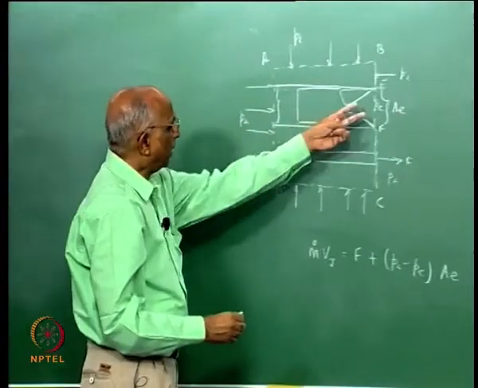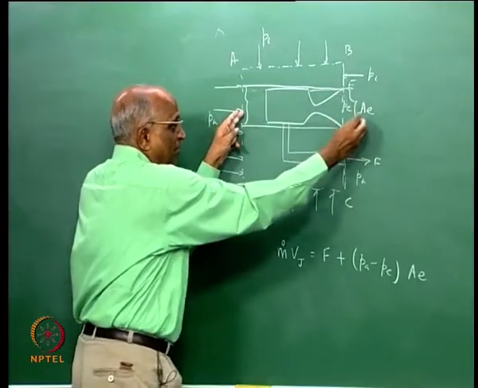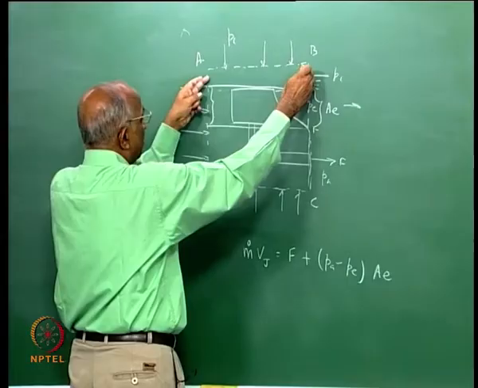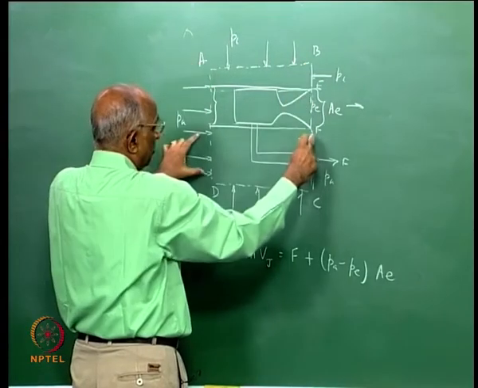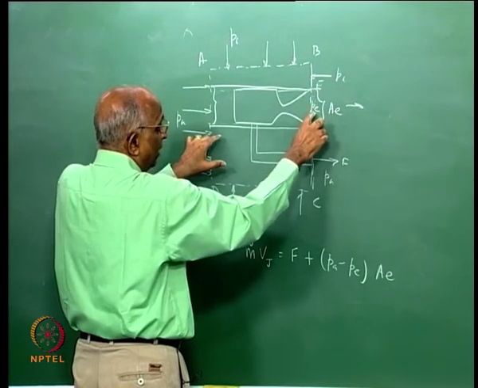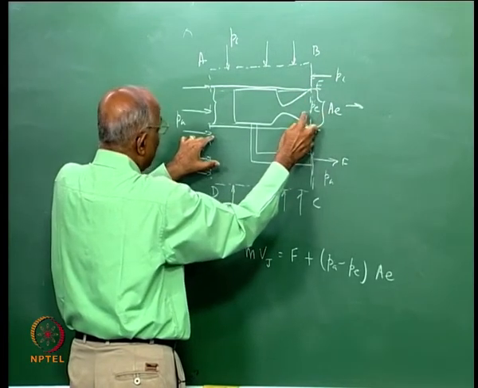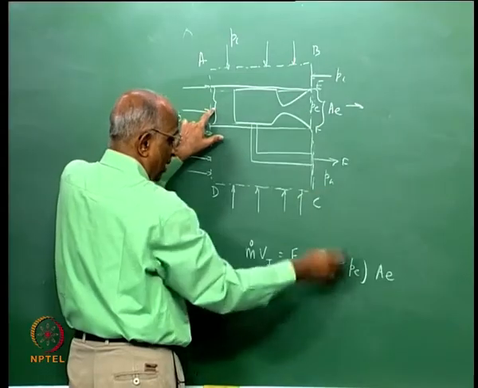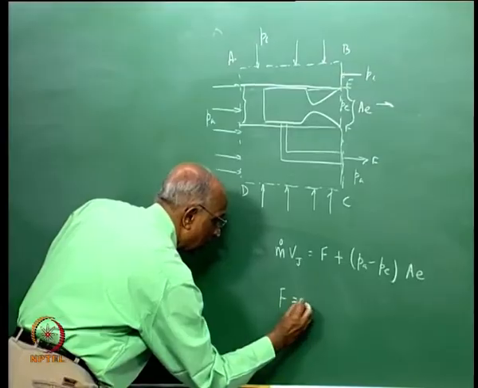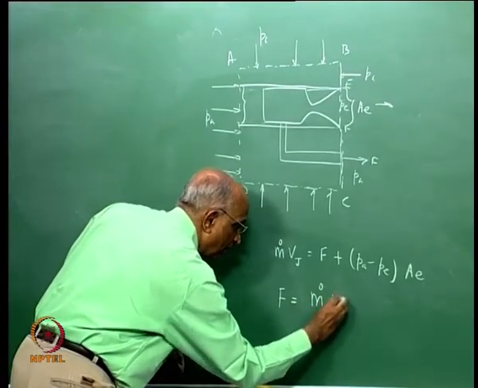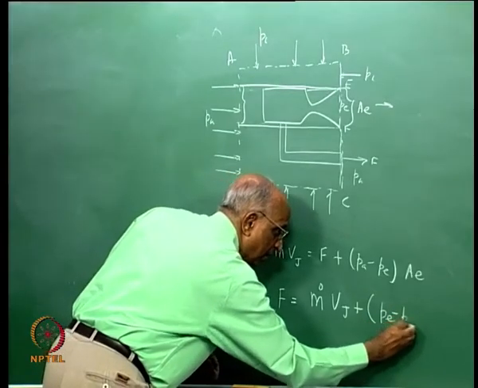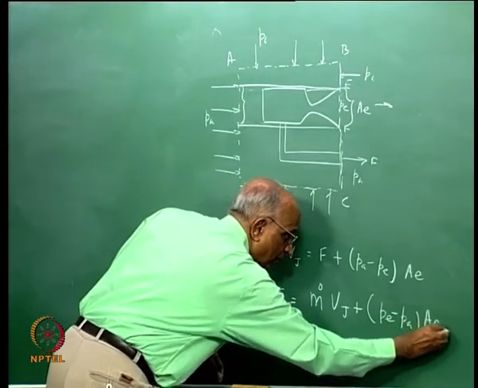Pa minus Pe is the unbalanced force in the axial direction, because in all other cases this pressure balances this part, and therefore only over Ae I have an unbalanced pressure: Pe into Ae in this direction, Pa into Ae in this direction. Therefore, the net thrust is equal to m dot Vj plus (Pe minus Pa) into the exit area.